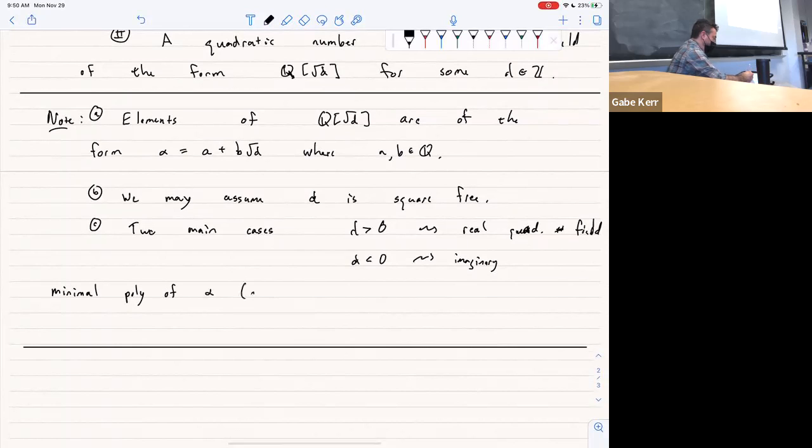Here we're assuming b is not zero, and in other words, assuming that d is not a square.